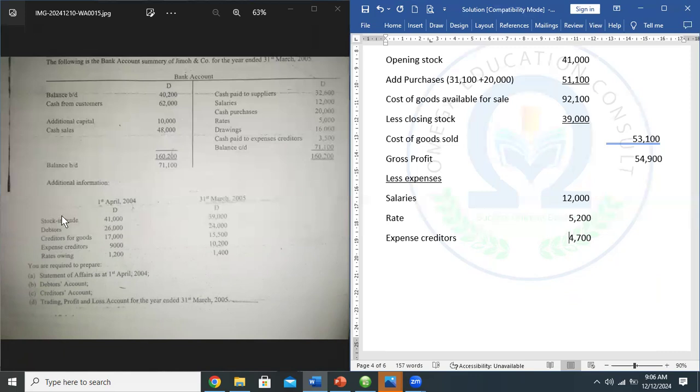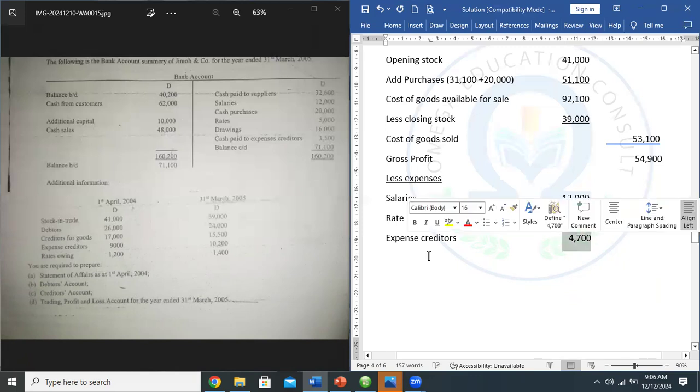Imagine your building on first April was say 80,000, and then as at 31st March, it becomes 70,000. You would realize that it has decreased. What has decreased it? That is possible depreciation. So watch out for some of these things. But in this question, they are not there. No depreciation for us to consider.